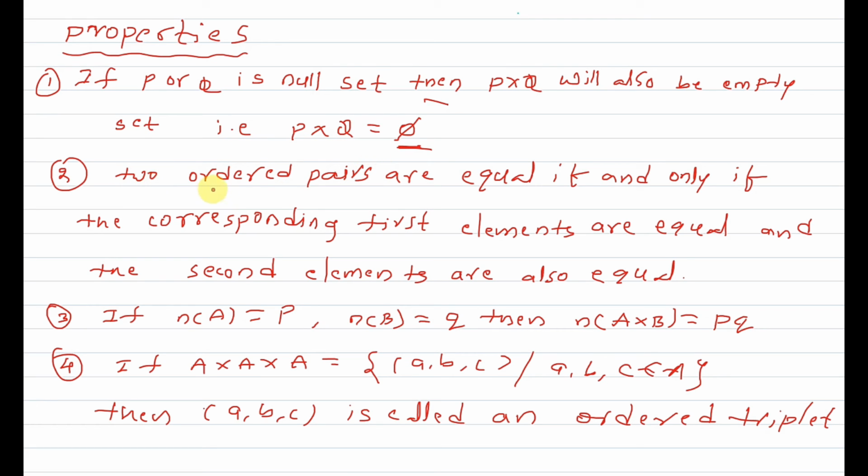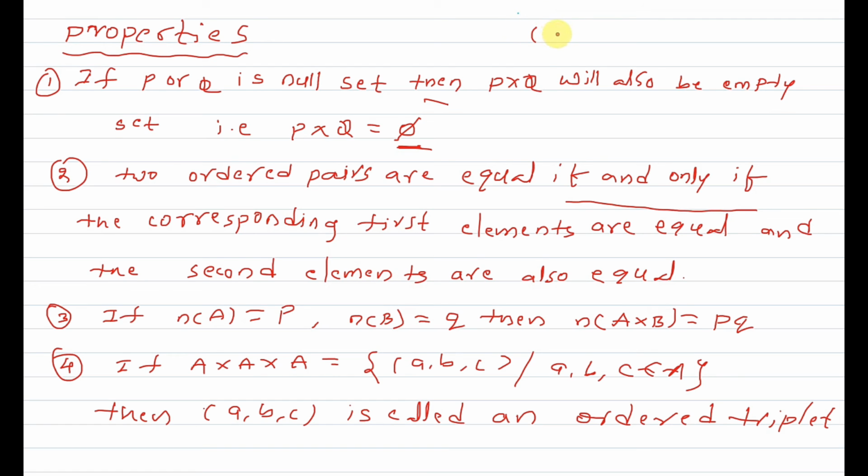Next, two ordered pairs are equal if and only if, this is important, if and only if the corresponding first elements are equal and the corresponding second elements are also equal. This is regarding the equality of ordered pairs. Here I will explain.